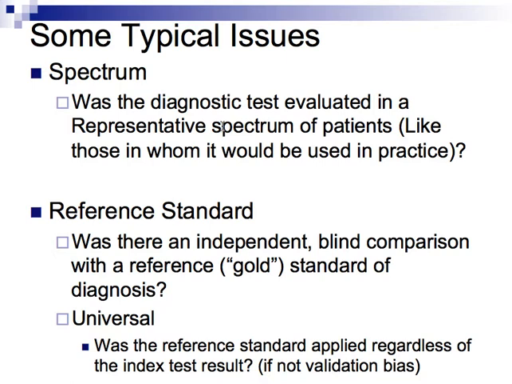For example, the Ottawa ankle rules, which were developed to detect fractures after ankle sprain, have been applied in the emergency department and in sports medicine clinics, and things like this. That's one of the routine things that happens when we look at diagnostic tests.